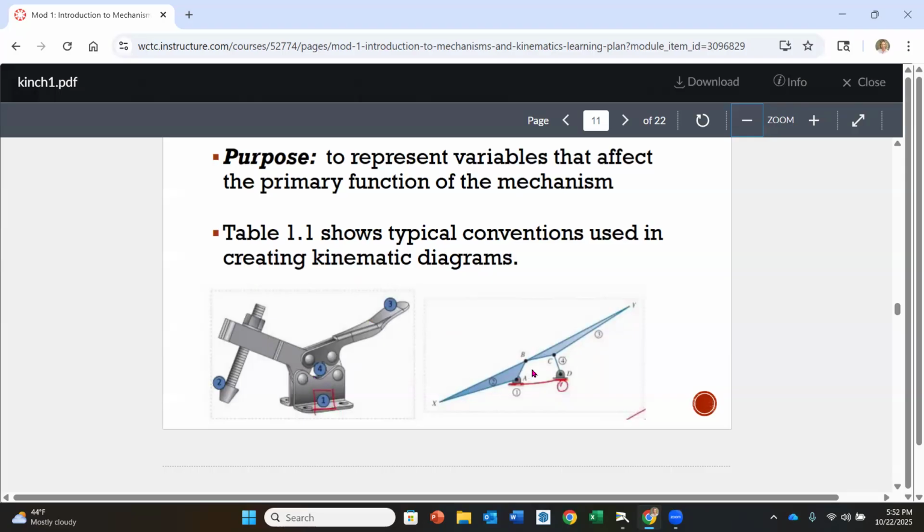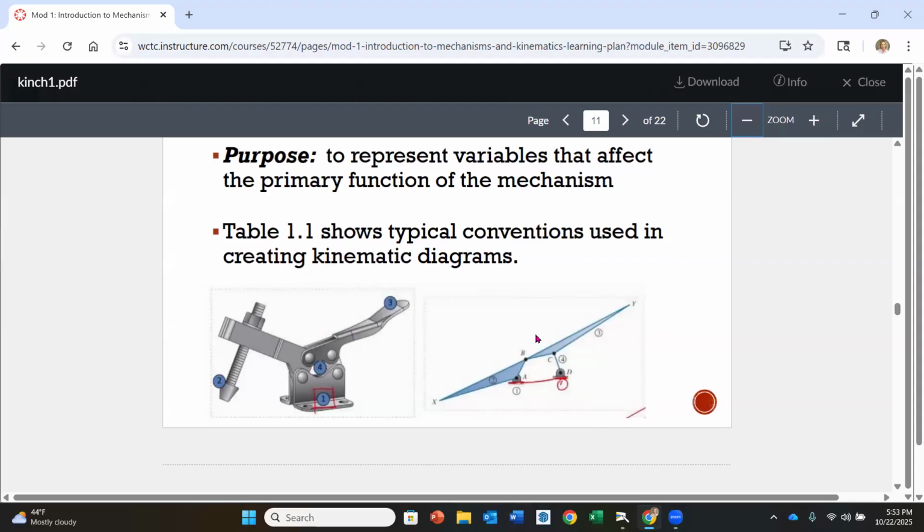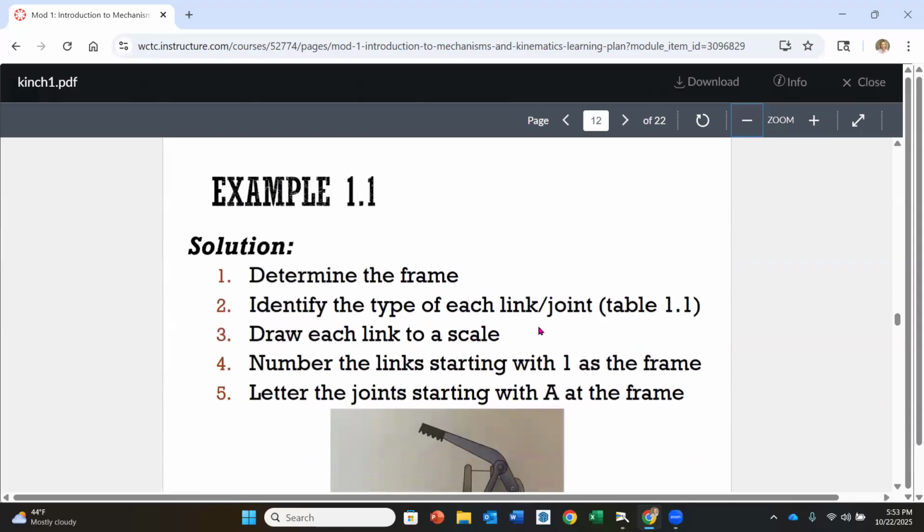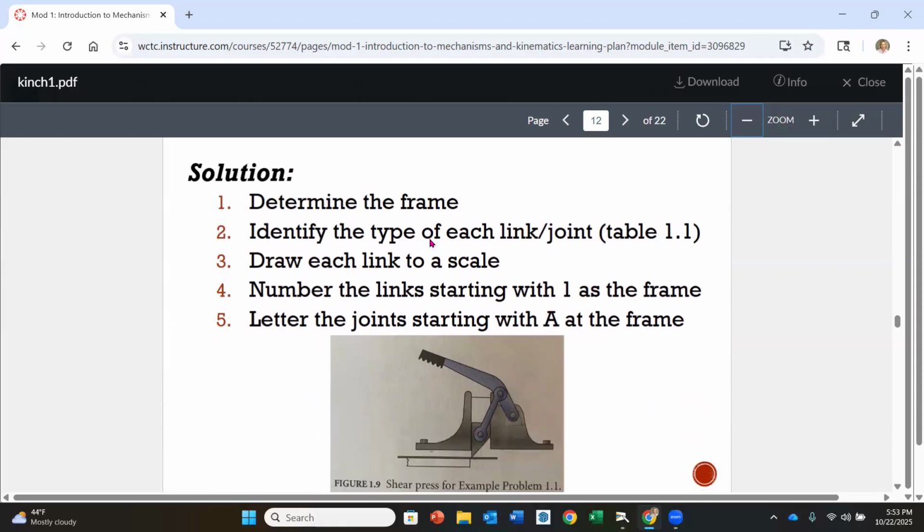It's a representation in triangle form, but it's going to just represent the extent to which the motion or the size of that element or link is going to be, okay? So we'll get more into this, but over here is the final product on the left-hand side, kinematic diagram over on the right-hand side.